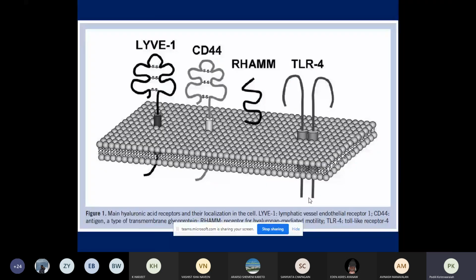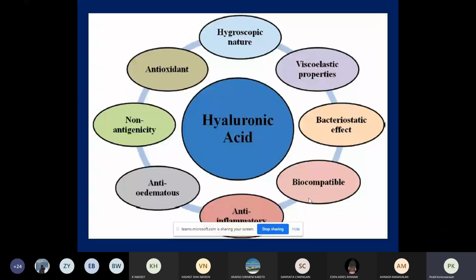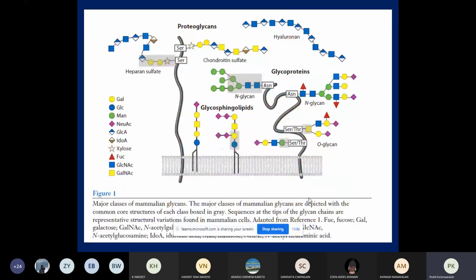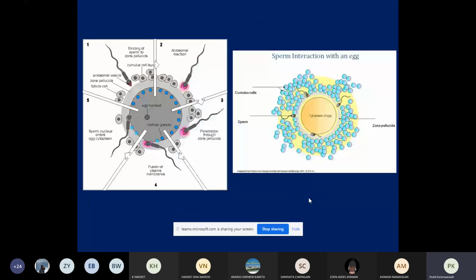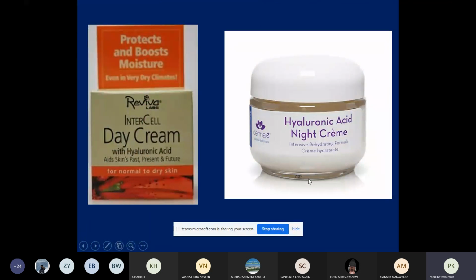You can see here that it is not only used as a therapeutic dietary supplement, it is also used in night creams, which provides hydration to the skin.